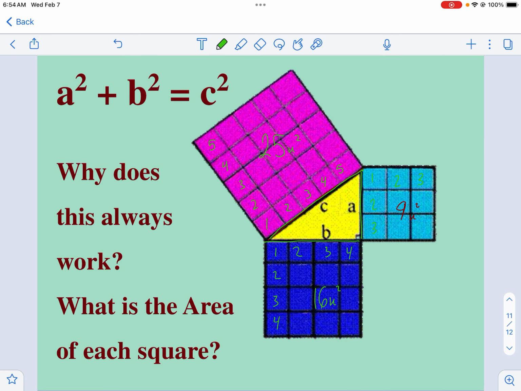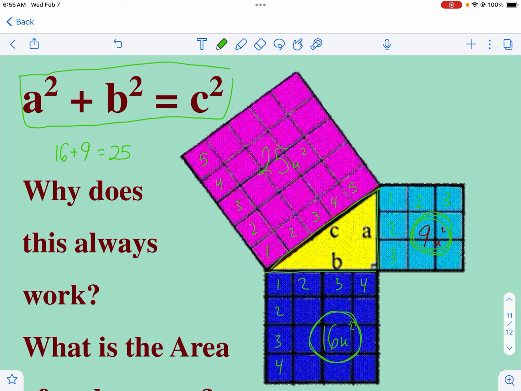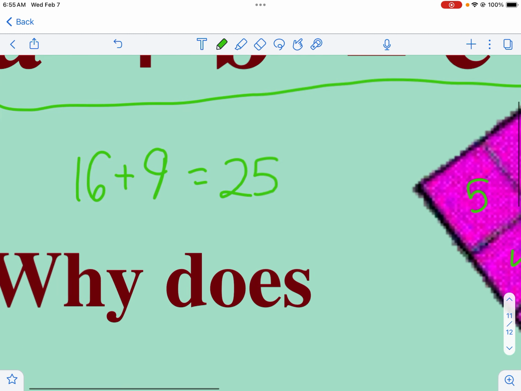Okay, so if I'm also looking at this in terms of my Pythagorean theorem equation, this area of the one leg squared, if I square the leg, make it into an actual square, right? That's kind of what that means. And add that to the square of the A leg, I'll have 16 plus 9 equals 25, because they should equal the area of the block represented by the side C.